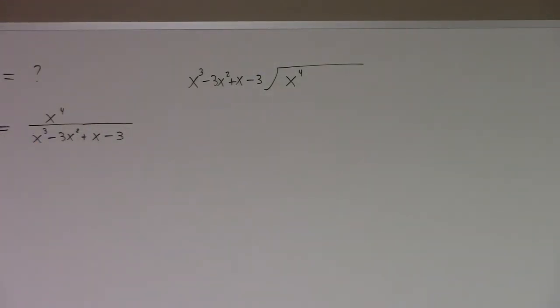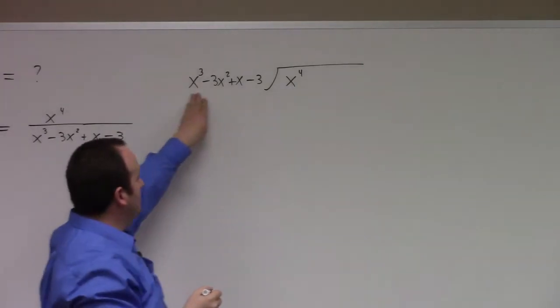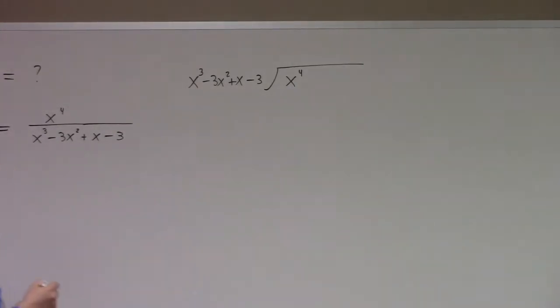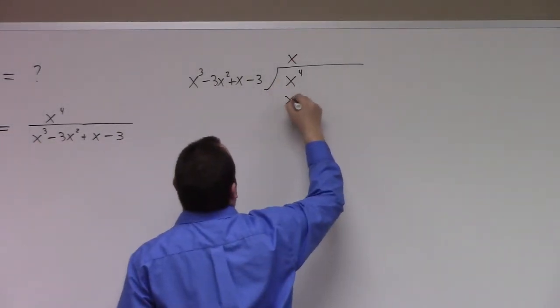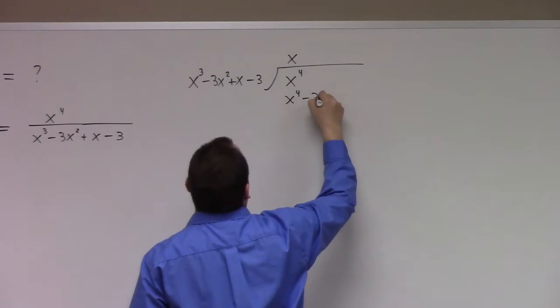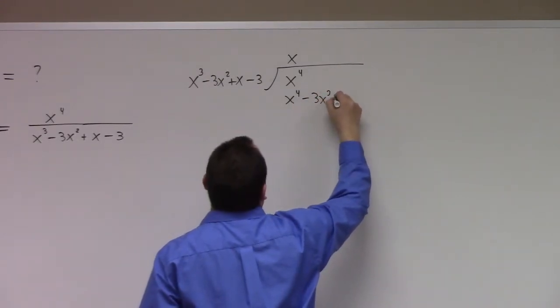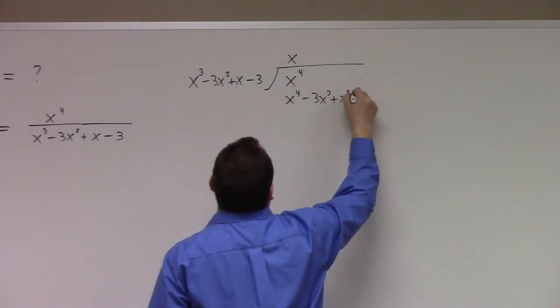All right, just a reminder how you do that. We're taking x to the fourth and dividing by x cubed minus 3x squared plus x minus 3. How do I get x to the fourth from this divisor? I have to multiply it by what? X, right. And that gives me x to the fourth minus 3x cubed plus x squared minus 3x.